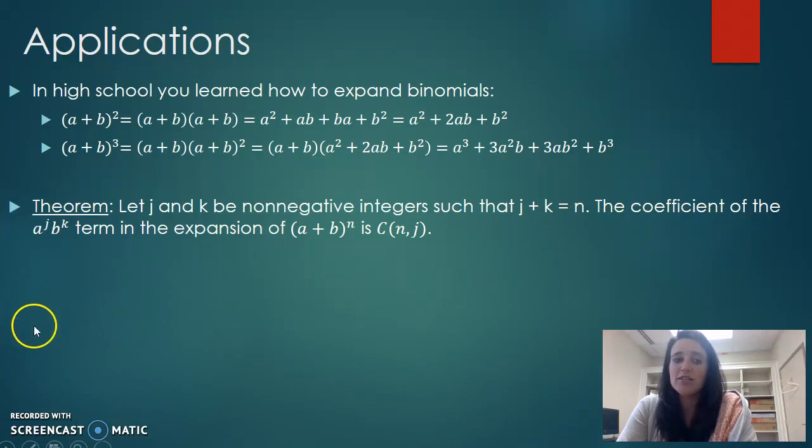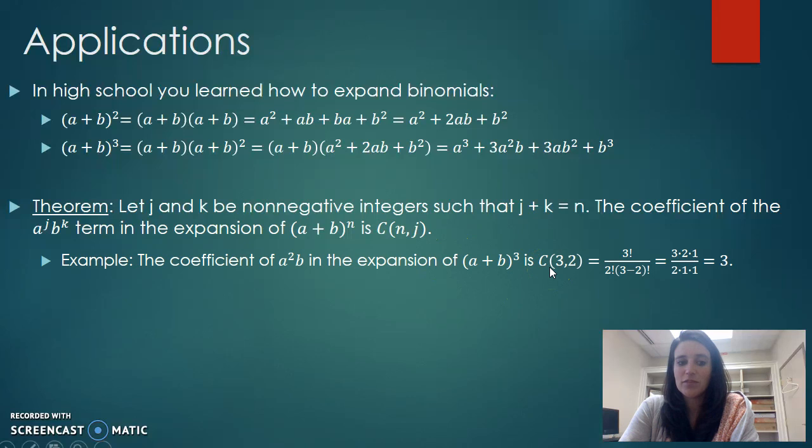The coefficient of the a to the j, b to the k term in the expansion of a plus b to the n is C of n comma j, or the combination n choose j. So for example, the coefficient of a squared b in the expansion of a plus b to the 3rd power is 3 choose 2.